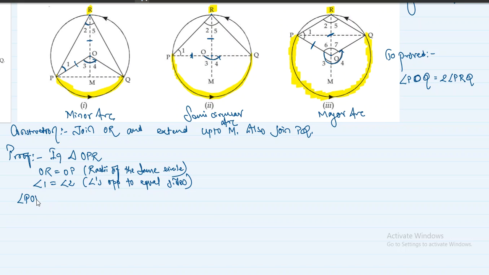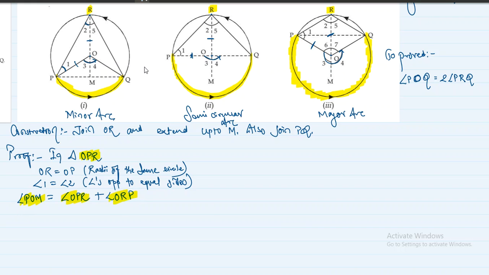Angle POM is equal to angle OPR plus angle ORP. Do you see angle POM? It is over here. In triangle OPR, I am talking about triangle OPR. Angle POM is equal to angle OPR plus angle ORP. Why is that?